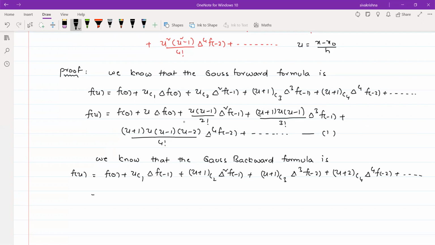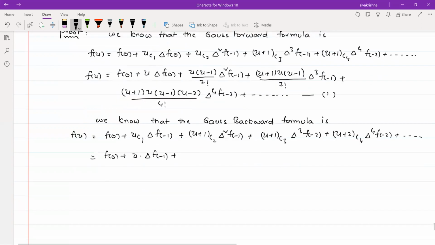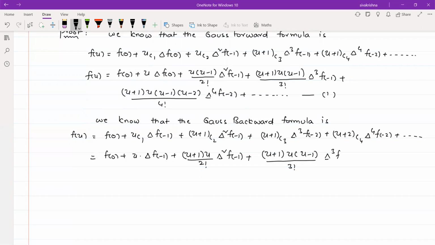Once again we have to simplify this particular formula so that we get f of 0 plus, once again uc1 is nothing but u by 1 factorial, that is u, into delta f of minus 1 plus u plus 1 c2. So u plus 1 c2 can be written as u plus 1 into u by 2 factorial into delta square f of minus 1 plus u plus 1 c3 can be written as u plus 1 into u into u minus 1 by 3 factorial into delta cube f of minus 2 plus u plus 2 c4.